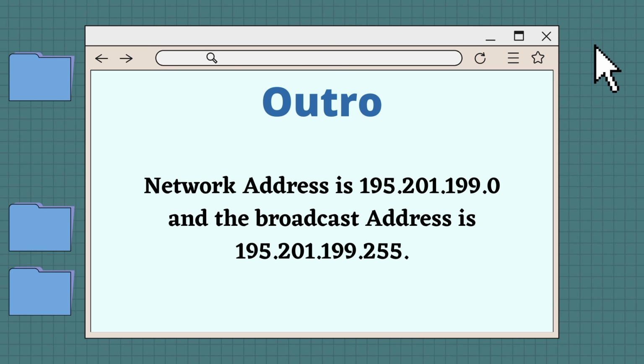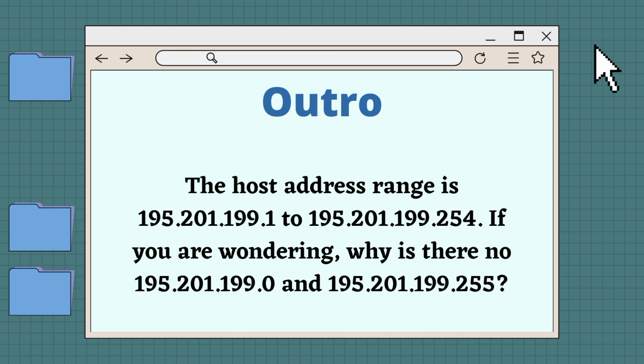Network address is 195.201.199.0, while the broadcast address is 195.201.199.255. The host range is 195.201.199.1 to 195.201.199.254.